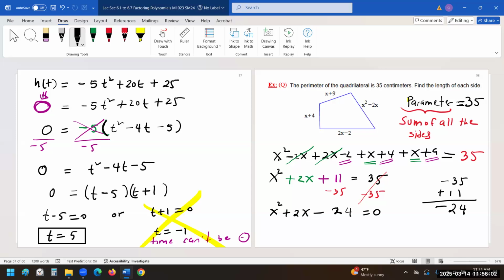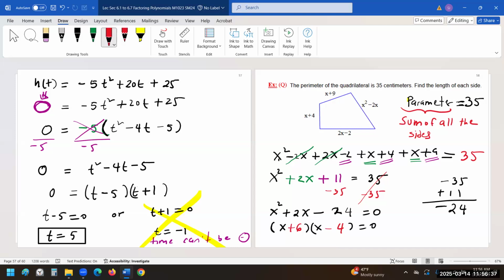How can you solve this equation? What is our next step? Factor. Can you think of the two factors? Two numbers multiplied to 24 combined to 2. 6 and 4. How about the signs? 6 has to be plus because the middle sign is plus.